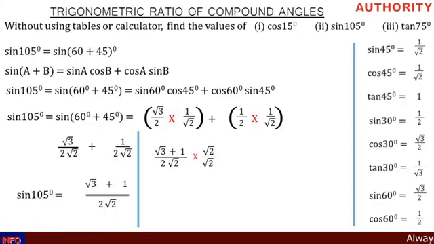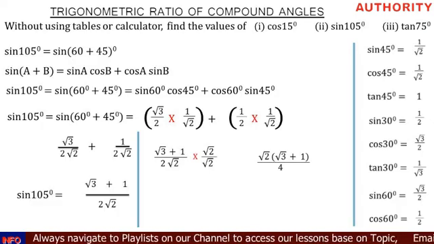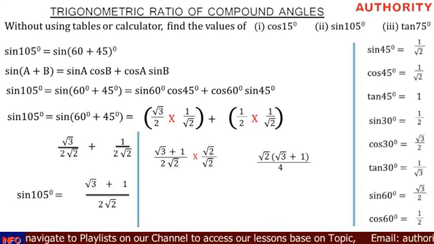So let's multiply the numerator. We're going to simply say √2 open bracket √3 plus 1 close bracket all over. So when you say 2√2 times √2, √2 times √2 is going to give us 2. So 2 times 2, 4. So we're going to have in our denominator 4. So let's use √2 to open the bracket.